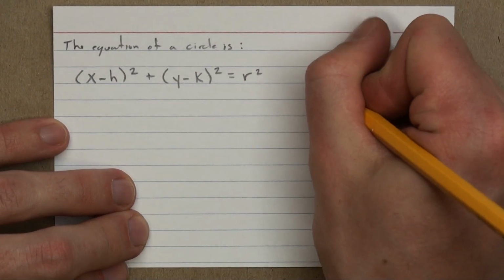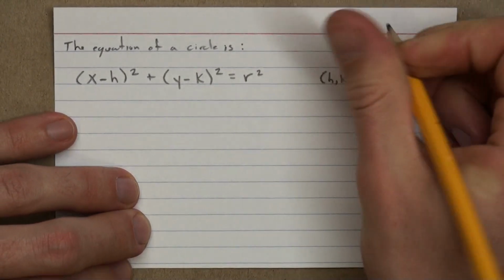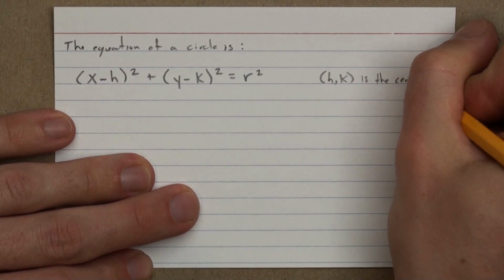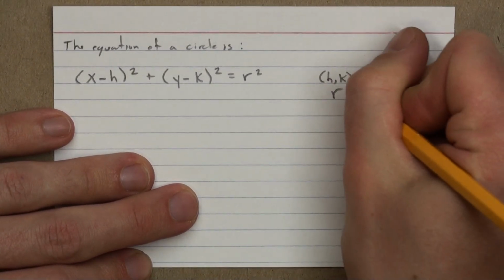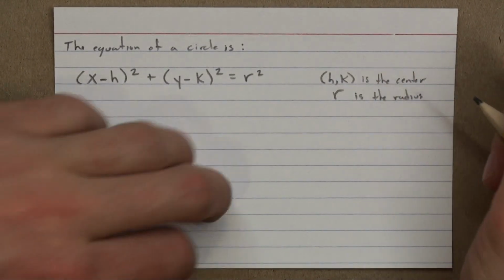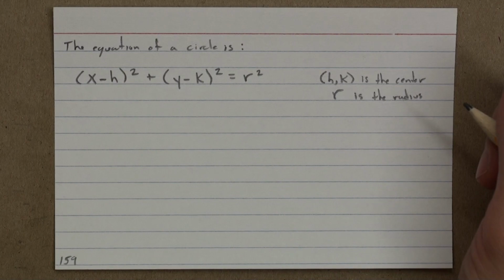And that's where h comma k is the center and r is the radius. Alright?